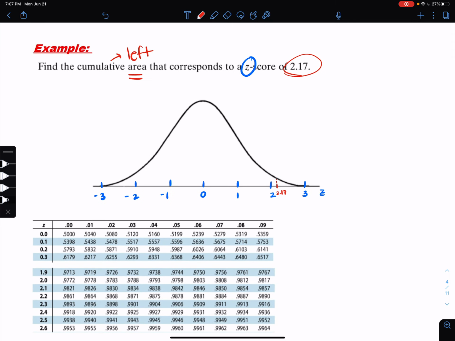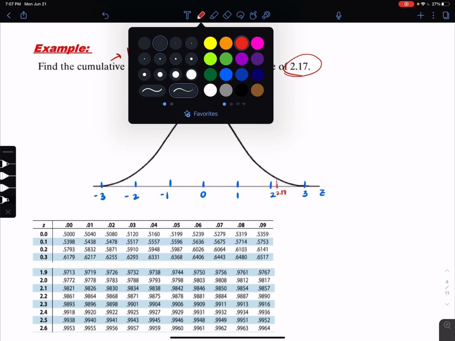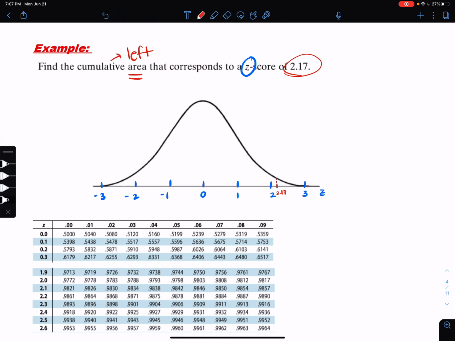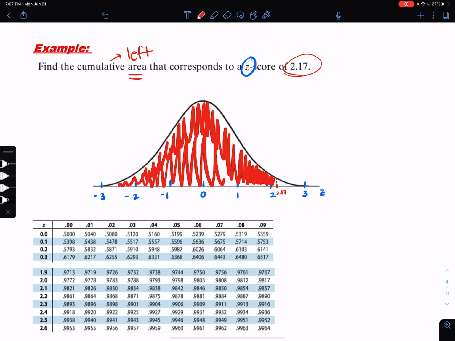And then be careful with direction. Don't always assume that it's going to be a small area or that it's going to be in the tail. The direction of the area is given. In this case, it was cumulative. That means we want an area to the left. So I'm going to be looking for a larger area here, which would be this entire region to the left of that z-score 2.17.